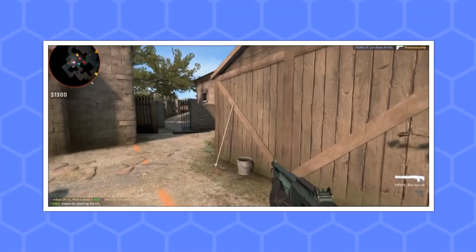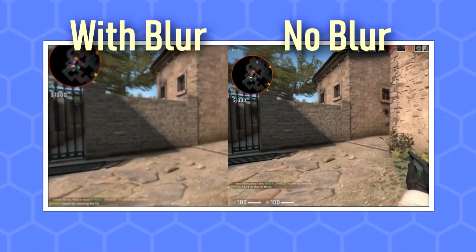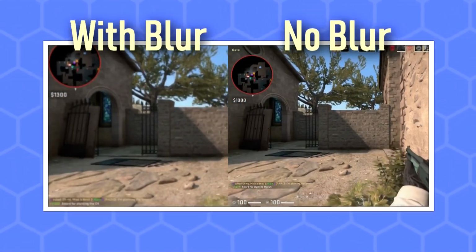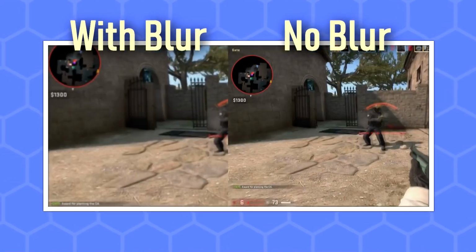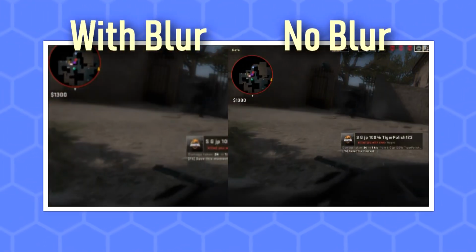It creates a little bit of distortion. In order to counteract this, people have induced a blur on purpose to their video, to their displays, to make this flicker less noticeable. But this has the obvious downside of decreasing the actual video quality, which in itself isn't that great of a trade-off.